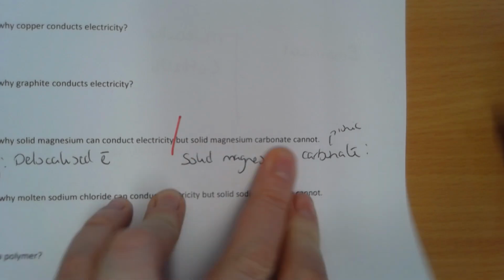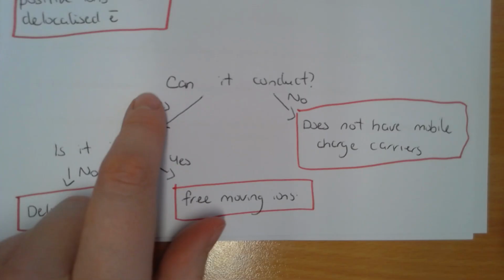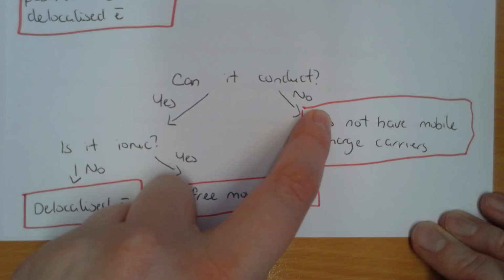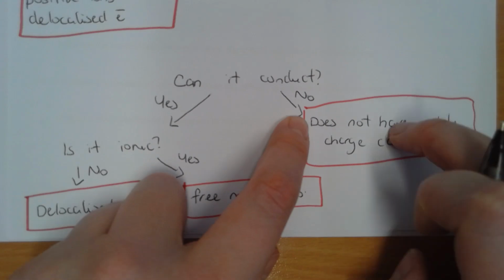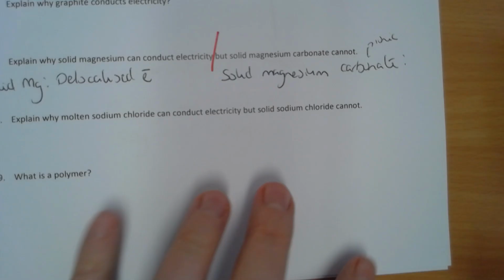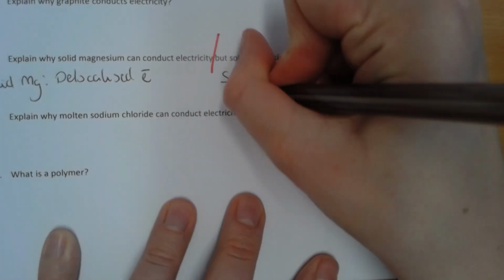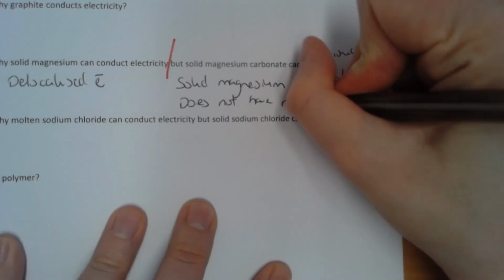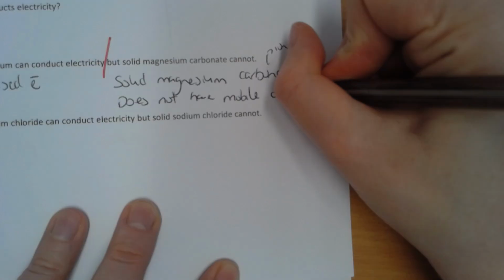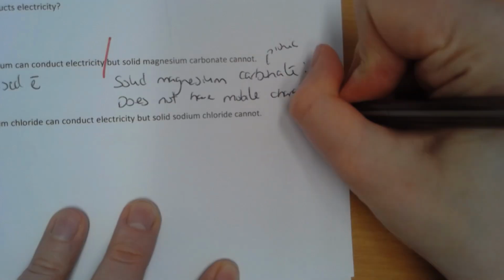The answer is no. So actually it doesn't matter what it is. It doesn't matter that it's ionic. If the answer is no, I'm just going to write this: it does not have mobile charge carriers. Solid magnesium carbonate does not have mobile charge carriers. And that's my answer.